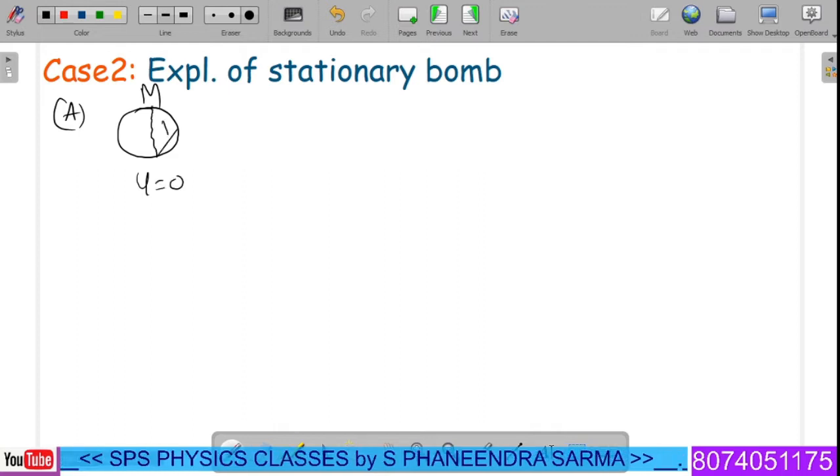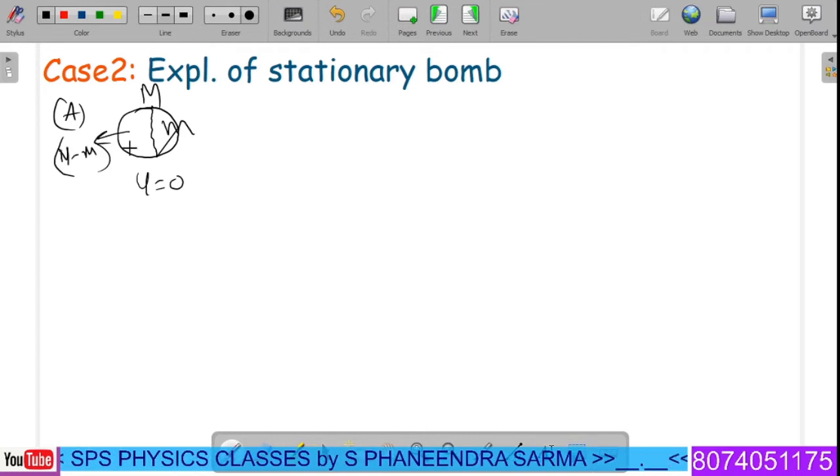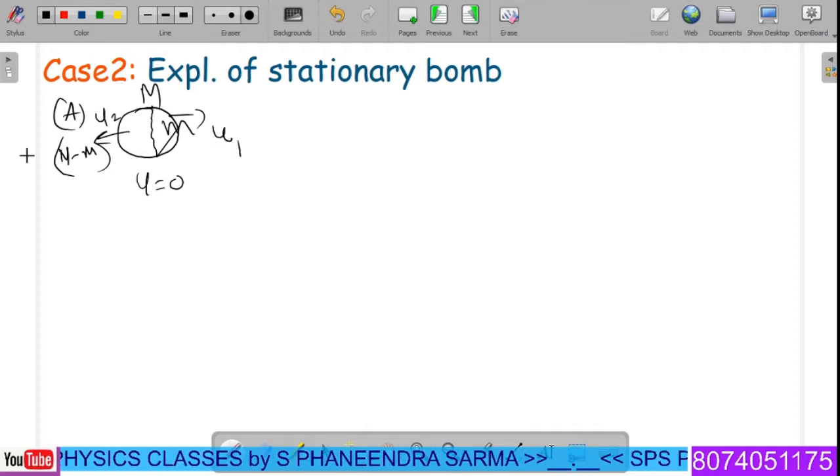The first part has mass m. What is the remaining part? M minus m is the remaining part of the system. Now, if the first part is moving with speed u1, the second part is moving with speed u2 in the backward direction. Let us apply the law of conservation of linear momentum.